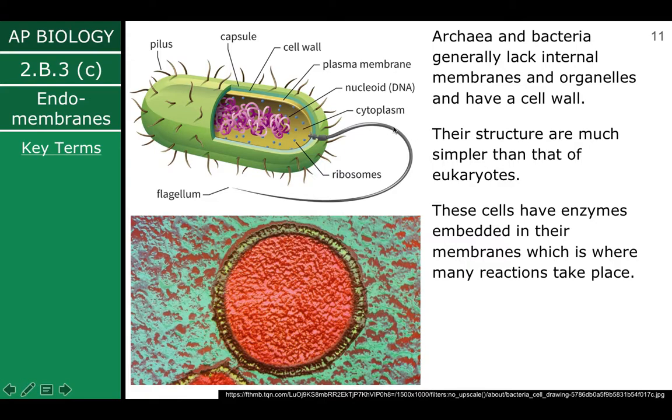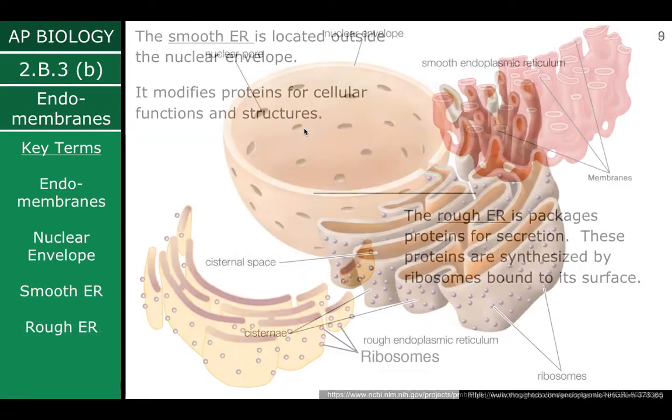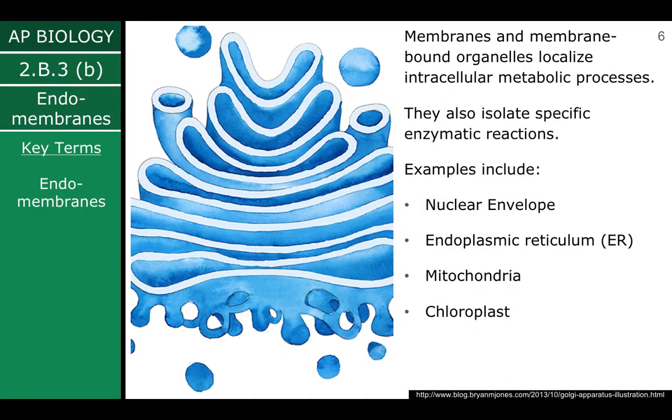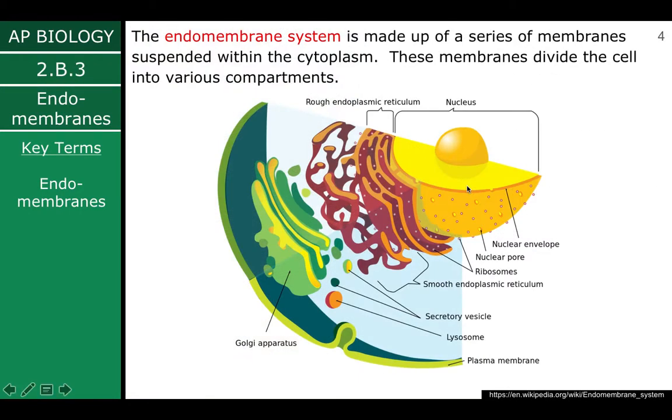And what these cells have is enzymes embedded in their membrane, so you can see it against this top image here, and that's where their reactions are going to take place. So in prokaryotic cells, enzymes are embedded in the membrane of the entire cell. That's where all of their metabolic processes are going to occur. Whereas in a eukaryotic cell, we have all of these different organelles where our processes will occur, and this is a great image for you.